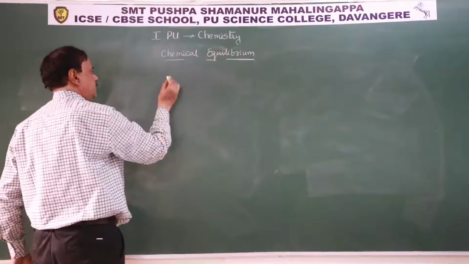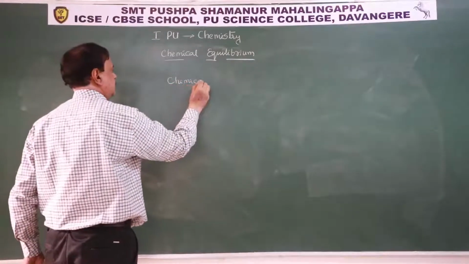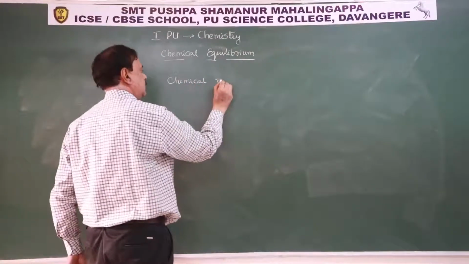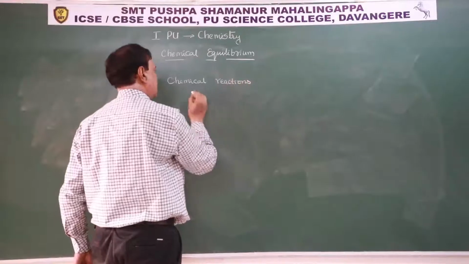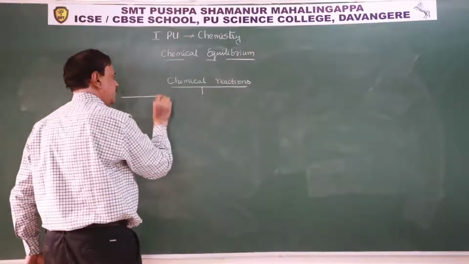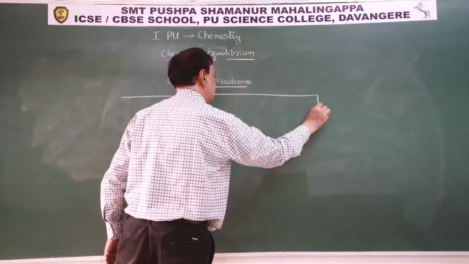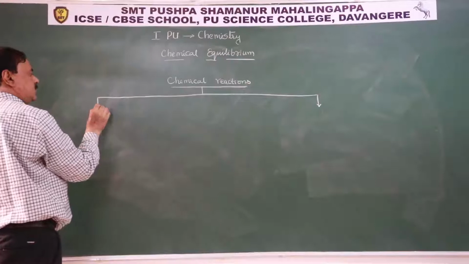Chemical equilibrium. Chemical reactions are classified into two categories.